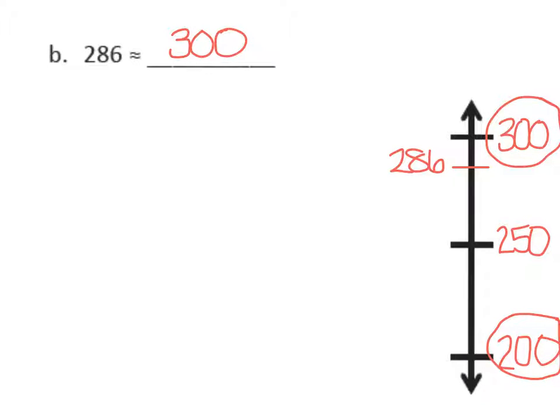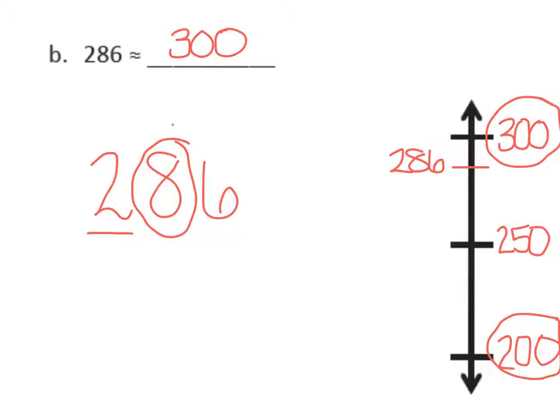Now I'm going to solve this using the Shenango-Bridge method. So I'm going to rewrite the number 286. I'm going to underline the digit that's in the hundreds place. I'm going to circle the digit that is to the right of the underlined digit. Now remember, the circled digit tells the 2 what to do.